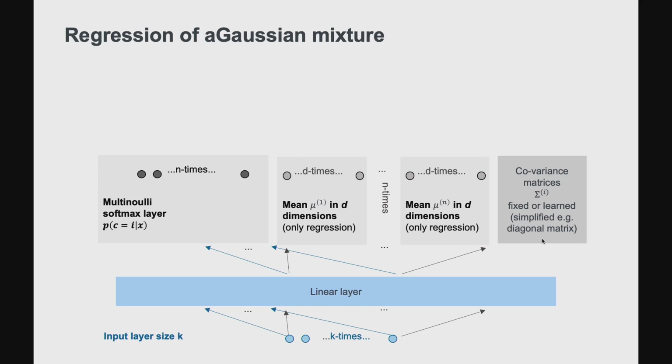So these would be the kind of lines of equal density, with the highest density being at the origin, if the origin is your mean value.